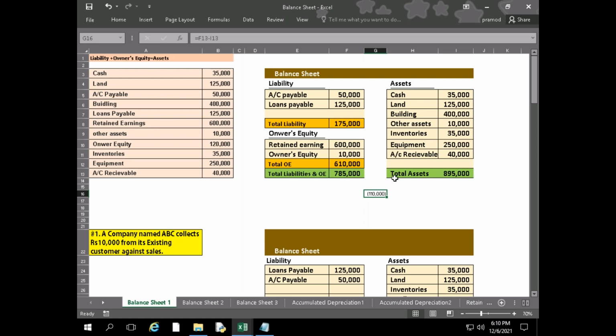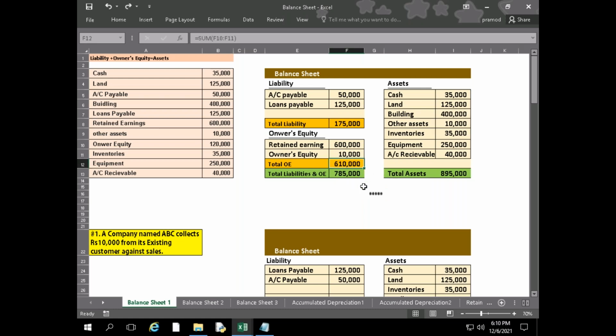So total assets and liabilities should always match. Remember that. My total liability is 8,95,000, and in the same manner my asset is also 8,95,000. This is how you need to do this balance sheet.